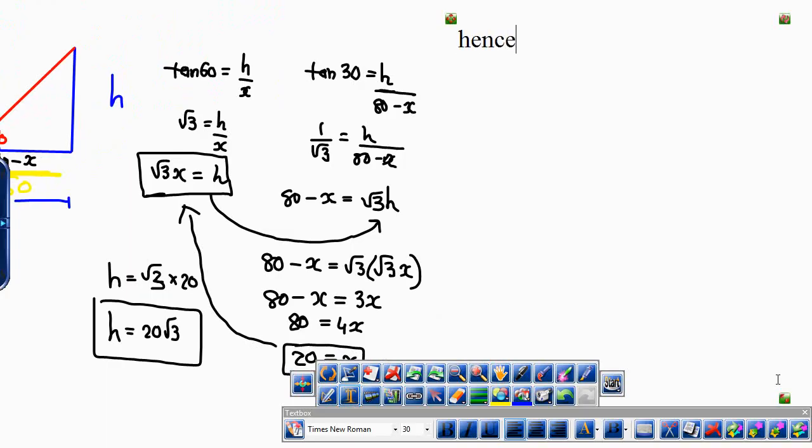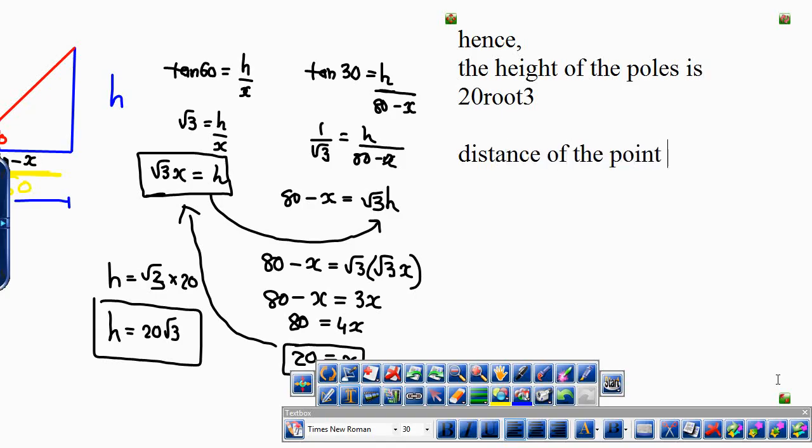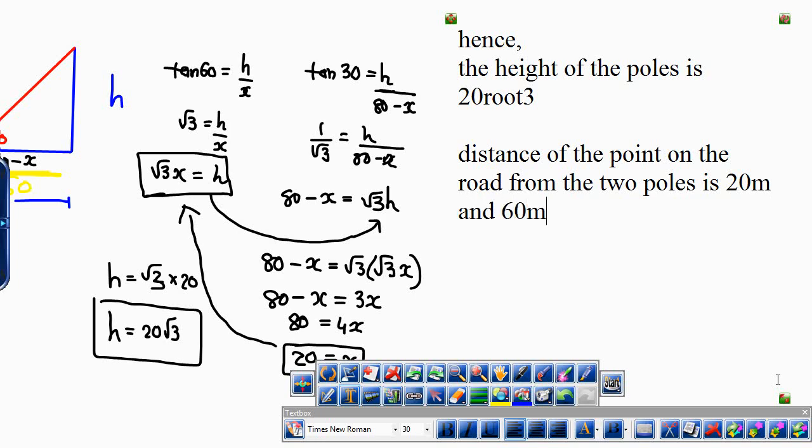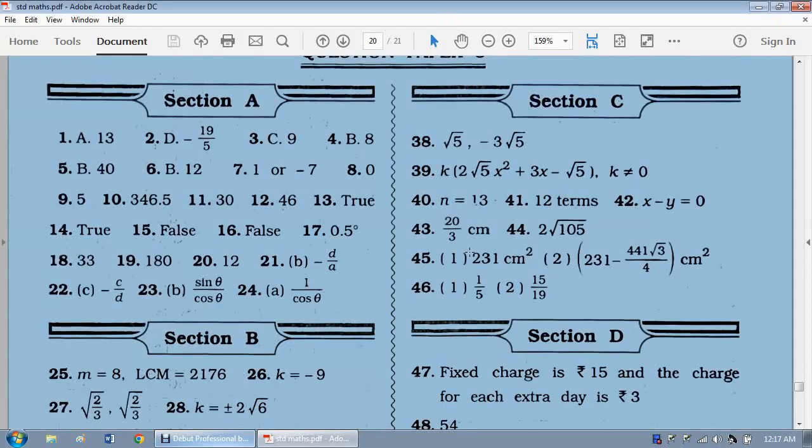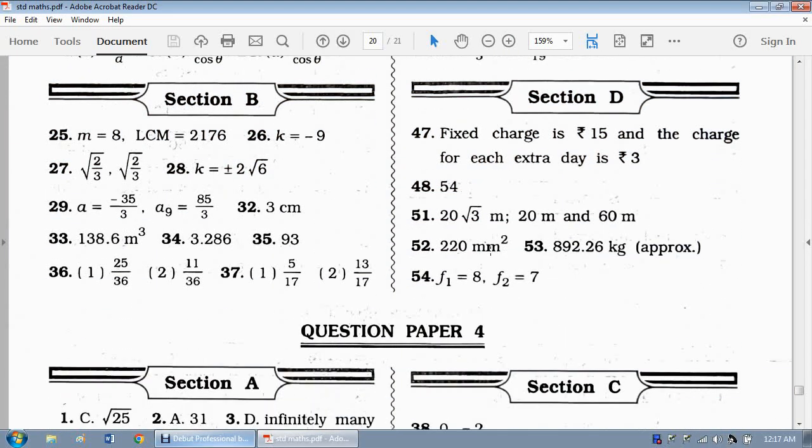You have to write, hence the height of the poles is 20 root 3, and second is the distance of the point on the road from the two poles is 20 meters and 60 meters. If you look at the answer sheet, you should be able to find three answers. Here they are. Height is 20 root 3 and the distance is 20, 60.